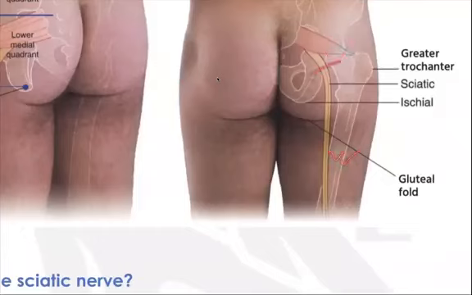In the posterior thigh, it will be anterior to the long head of the biceps, but posterior to the adductor magnus. Or you can say in a different manner, this will be posterior to the adductor magnus, but deep or anterior to the long head of the biceps.